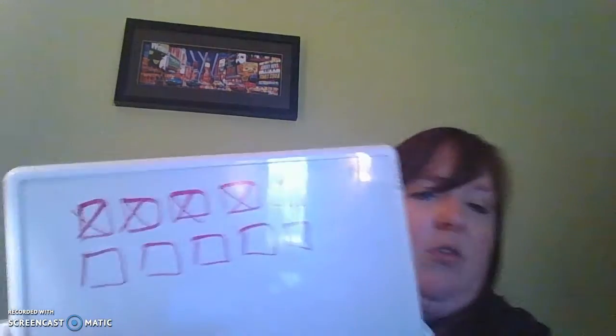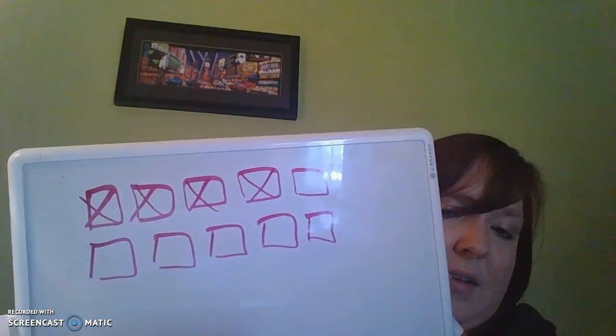And 4 drive away. So I'm going to cross out 4. 1, 2, 3, 4. 10, cross off 4. How many are left? 6 are left. Good. So now I need to write my number bond.